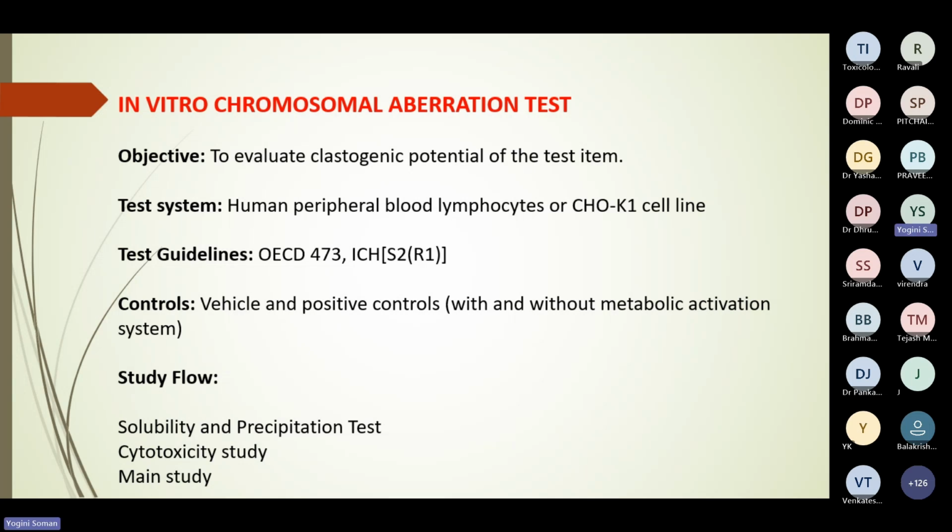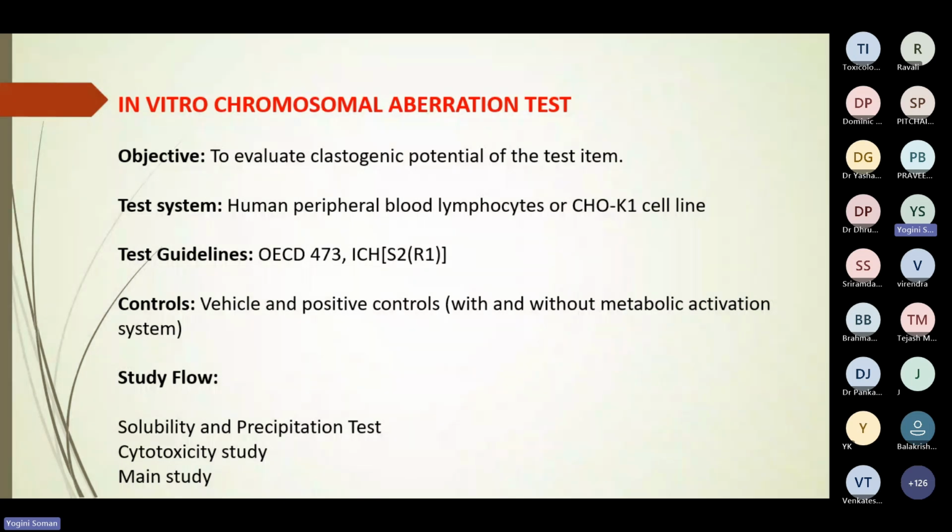For the in vitro chromosomal aberration test, you can prepare the formulation at 200 mg per ml, and from that the working concentration will be 2 mg per ml. After the solubility test, you should conduct the precipitation test and the pH test.